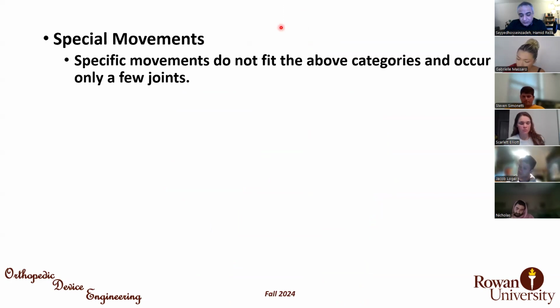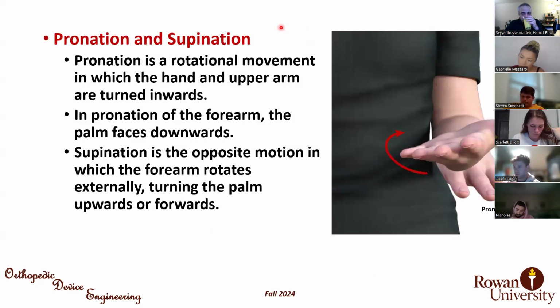Now, some specific motions. These motions are specific because they happen only in one joint and they have a specific name. First, pronation and supination. I told you that internal and external rotation happens in the shoulder, and the whole arm and forearm are rotating.